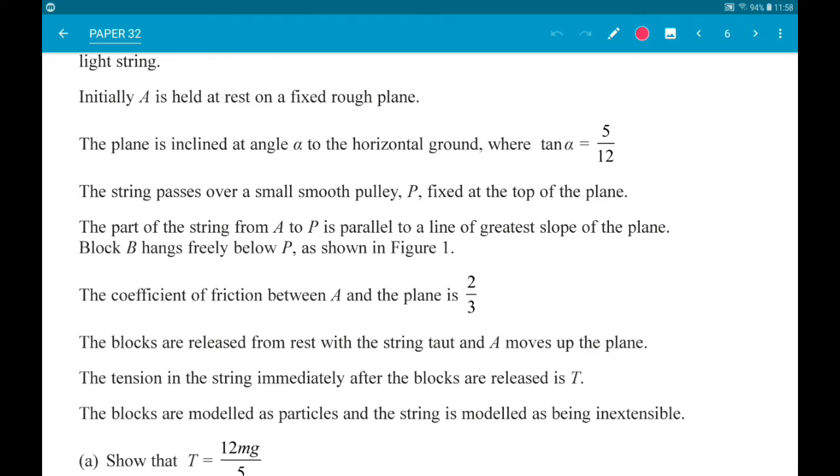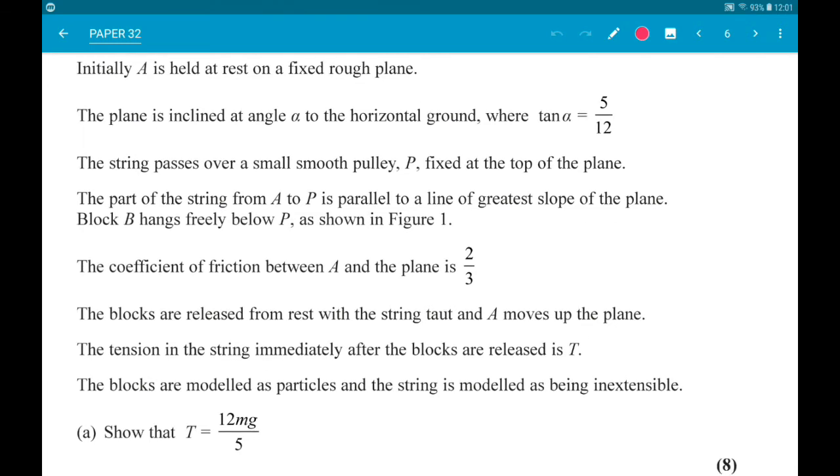Block B hangs freely under B. The coefficient of friction between A and the plane is 2/3. Blocks are released from rest with the string taut and A moves up the slope.